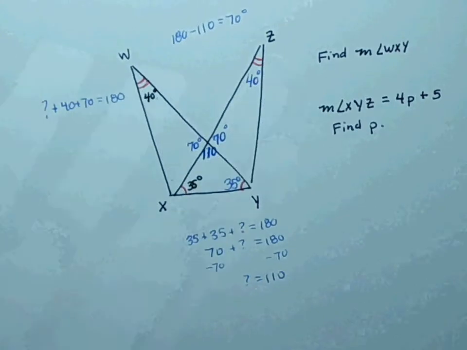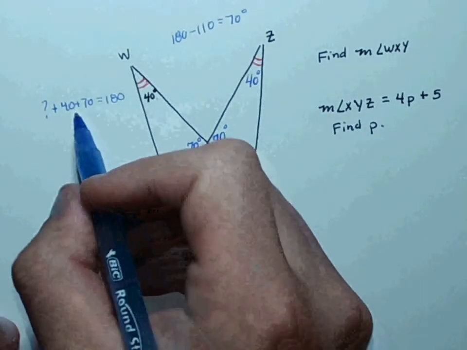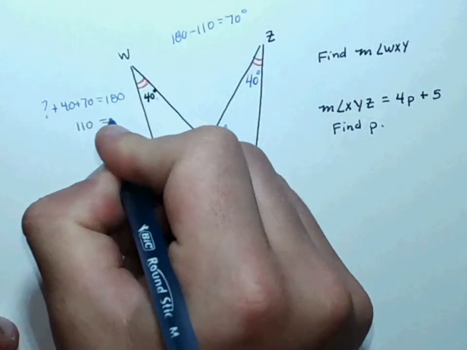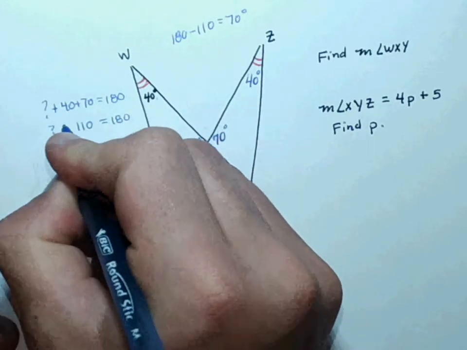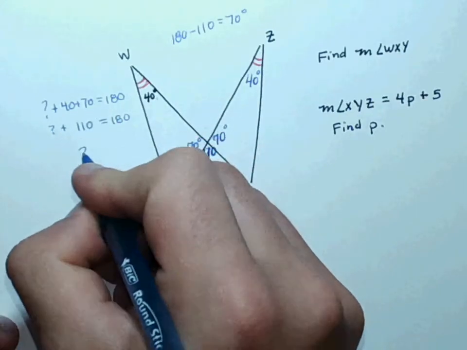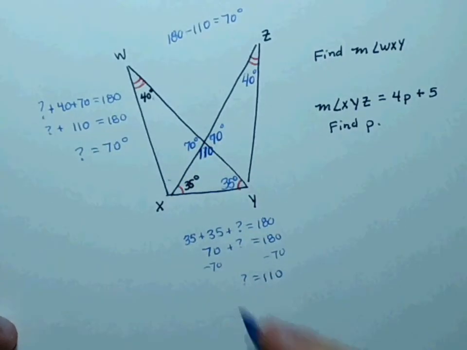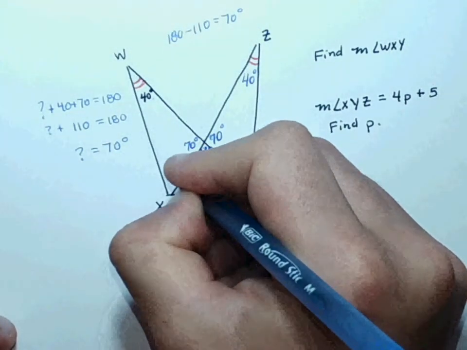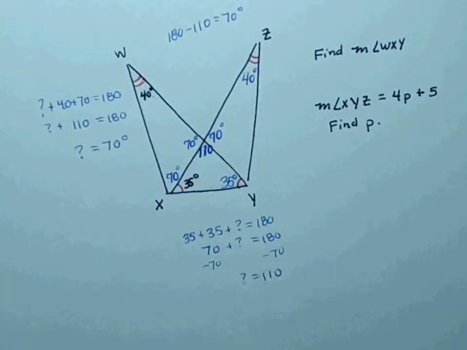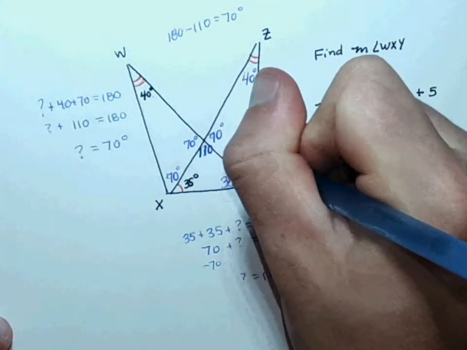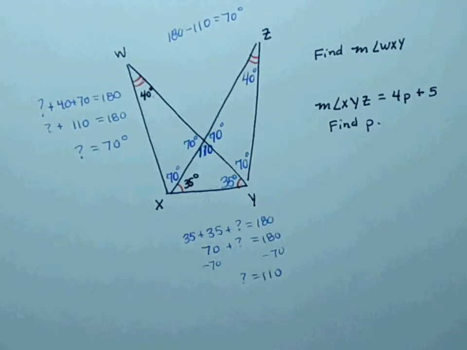So now we can solve and find the measure of this angle. So this would be 110. So when we subtract, again we would get that this is 70 degrees, which would mean this one is 70 degrees. Okay?